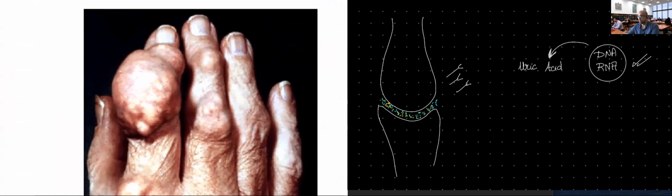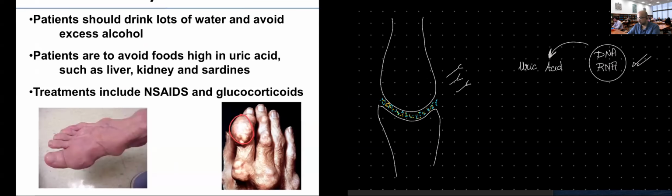See, this is how big those urate tophi can get. See, they can become that big. See here, inflammation of the joint between the tarsal bone and the proximal phalanx of the big toe.